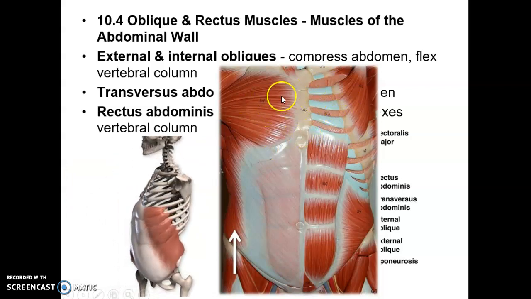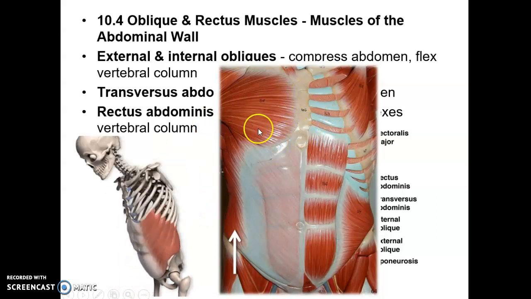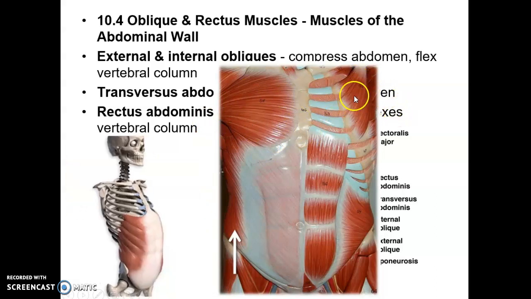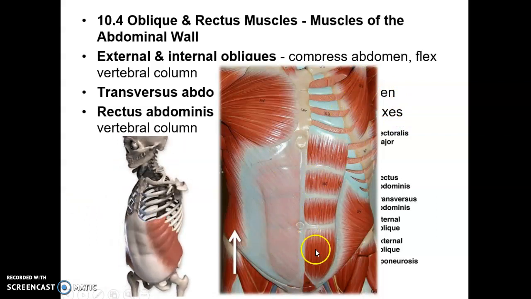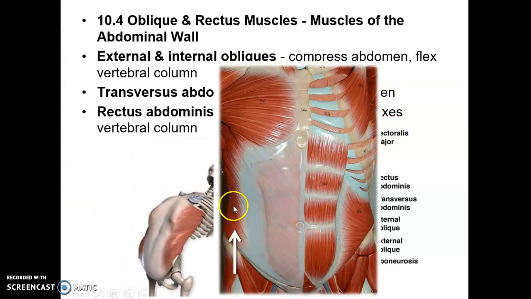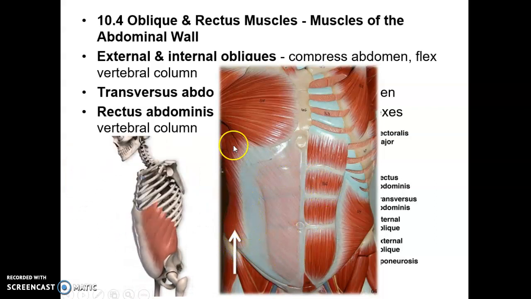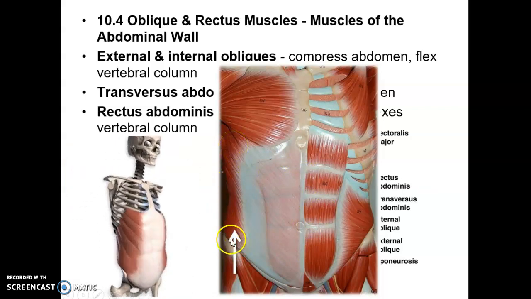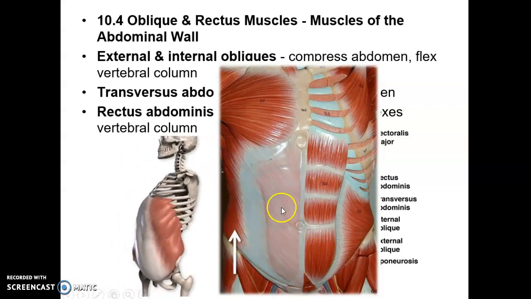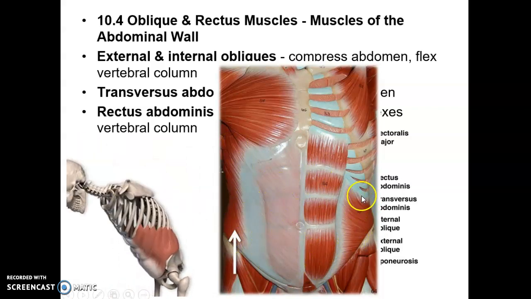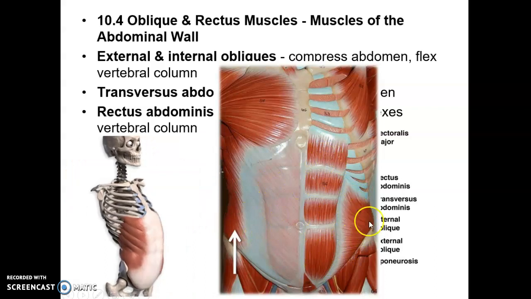Over here you can't, so that's a superficial pectoralis major that we'll get to, and that's a deeper pectoralis minor. There's that aponeurosis sheet covering the rectus abdominis, and this outer one is the external oblique. And then over here, this superficial external oblique and the aponeurosis has been removed, so that's the deeper internal obliques.